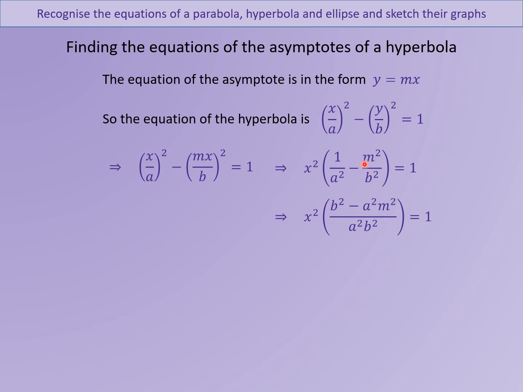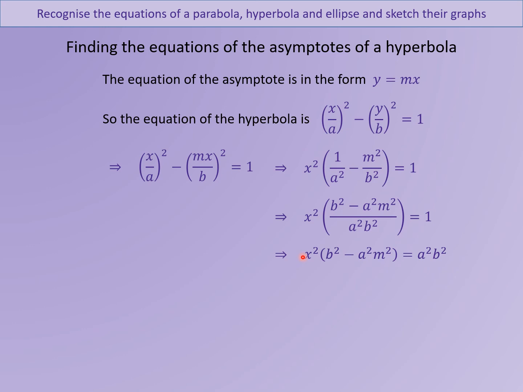We can then get this over a common denominator. So we end up with b squared minus a squared m squared all over a squared b squared inside this bracket. We can then multiply across by a squared b squared to give us this.